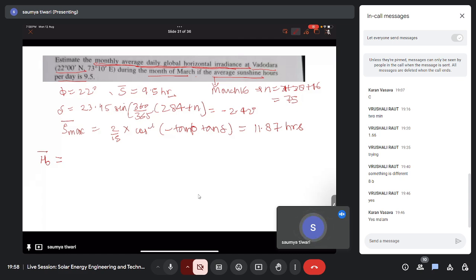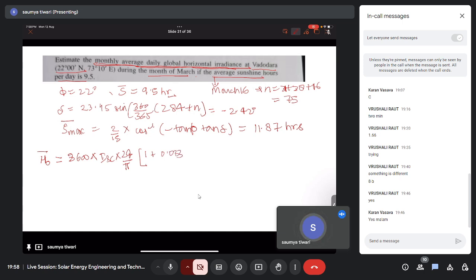This formula, if you remember, is 3600 into the solar constant into 24 by pi, and this will be 1 plus 0.033.